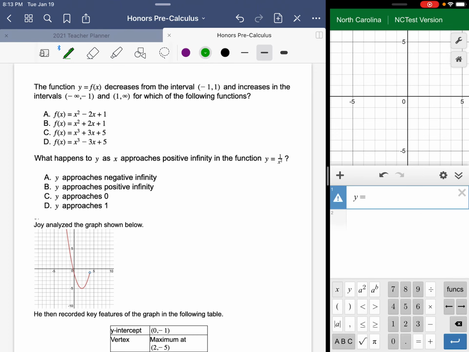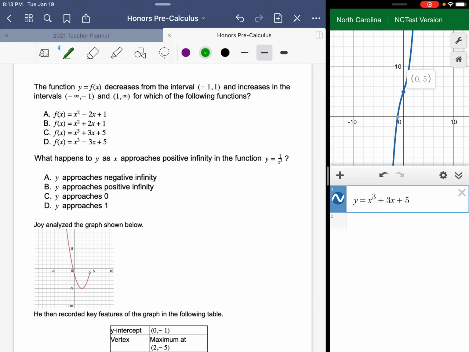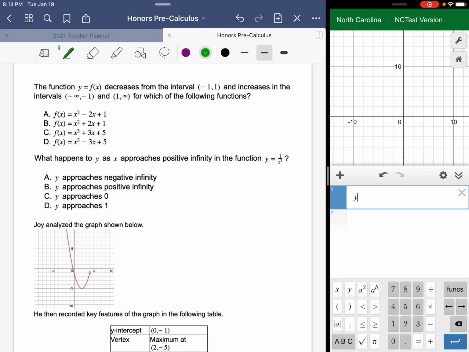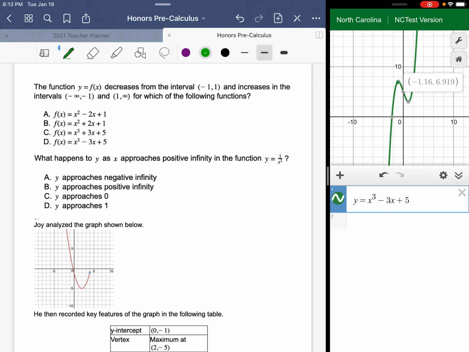So then we have our next one, x cubed plus 3x plus 5. Now, this one is increasing the entire way. It never stops increasing. It just keeps going. So that's not going to work. So finally we get to our last option and we find that we are increasing up until this maximum, which is negative 1.